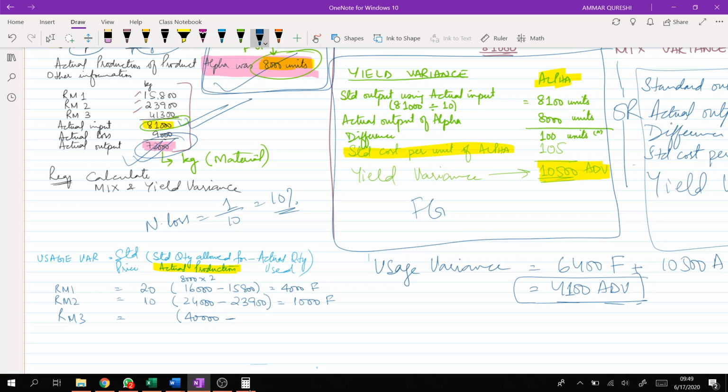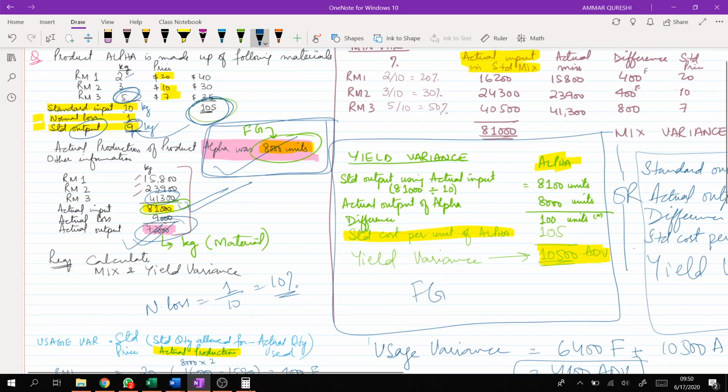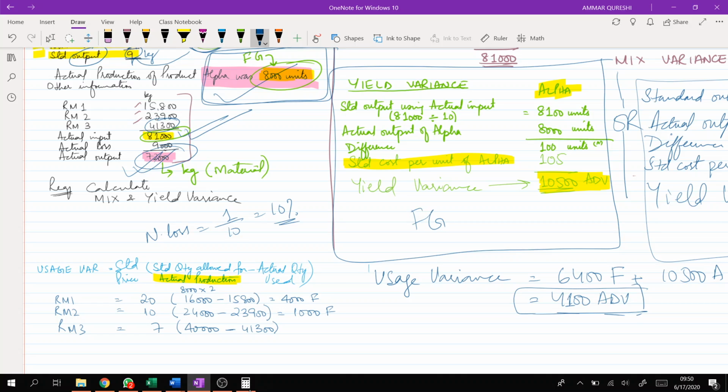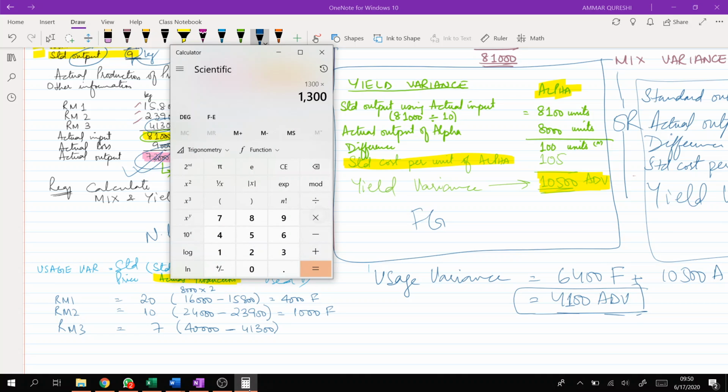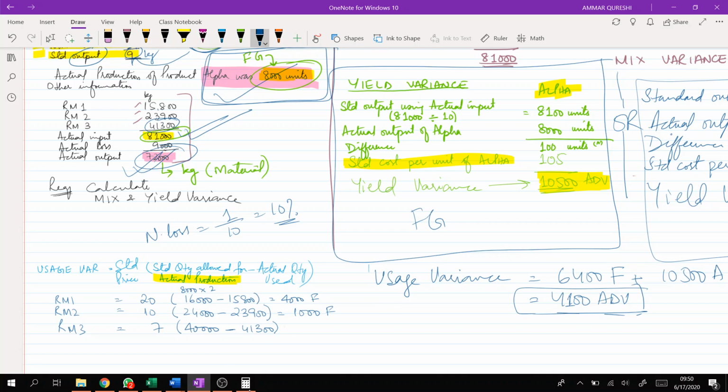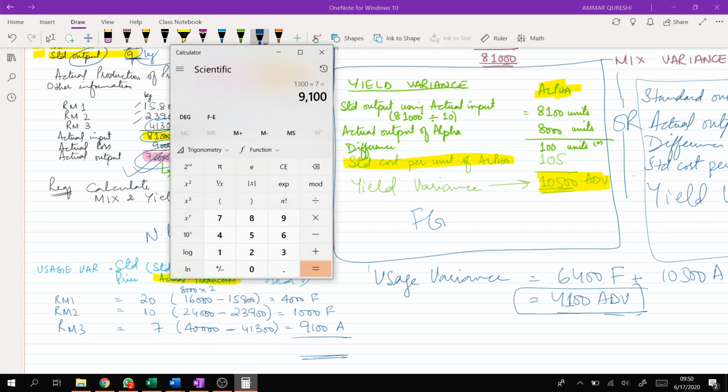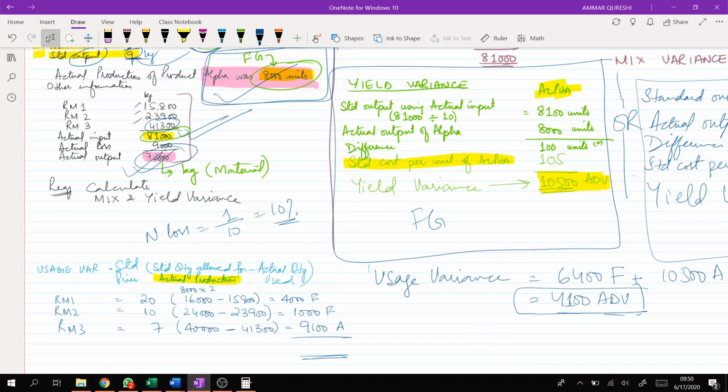But instead the company used 41,300, multiplied by 7, I guess. Yes, 7. So 1,300 multiplied by 7 is 9,100 adverse. So 4,000 plus 1,000 minus 9,100 is 4,100 adverse, right? Not yield, this is usage.